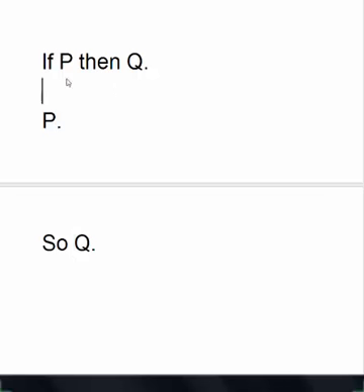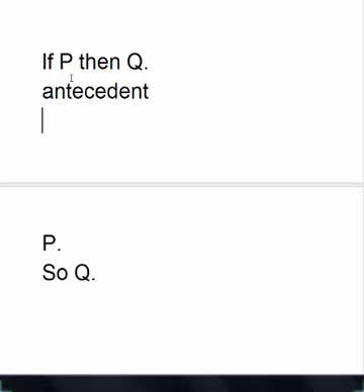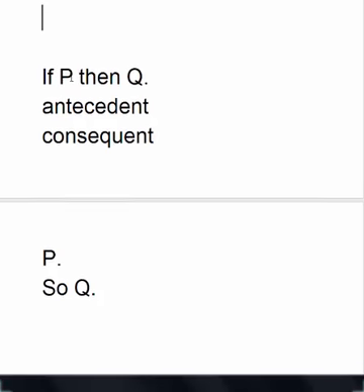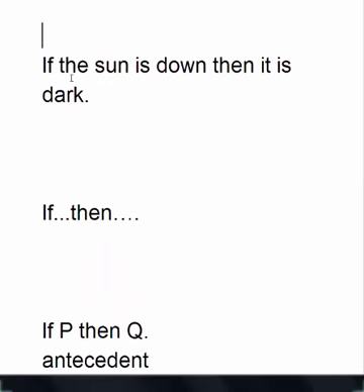P is our antecedent. If the antecedent is true, then the consequent is true as well. P is the antecedent, the thing that comes before. Q is the consequent, the thing that comes after. So if we look back up at our actual sentence here, if the sun is down, then it is dark.